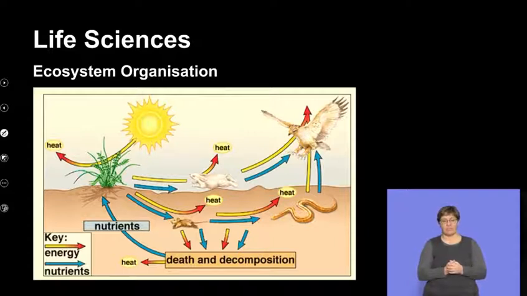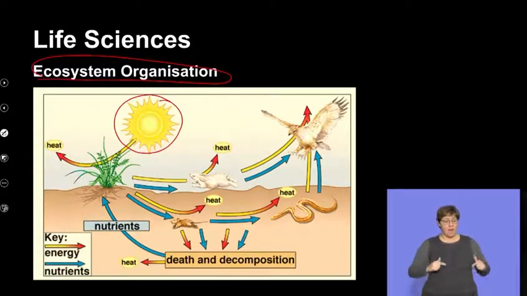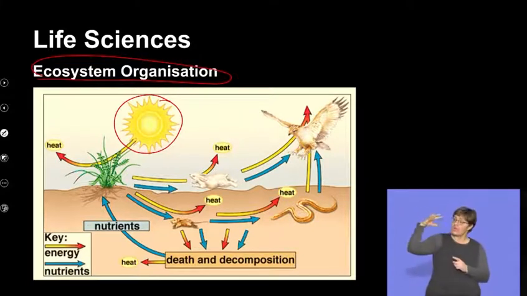As we look at ecosystems, it's important that we understand that there's an organization within ecosystems, and that organization is often linked to how the energy and the nutrients flow. If we were to look at this, we know that all forms of life on Earth rely on the radiation from the sun.